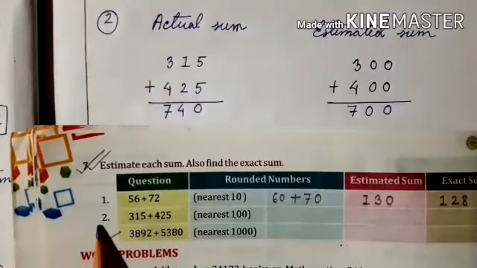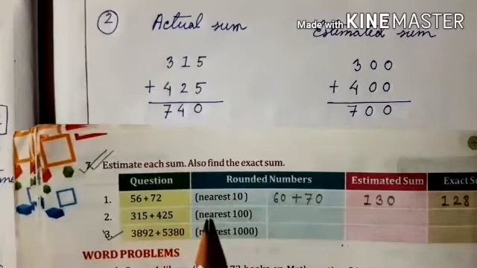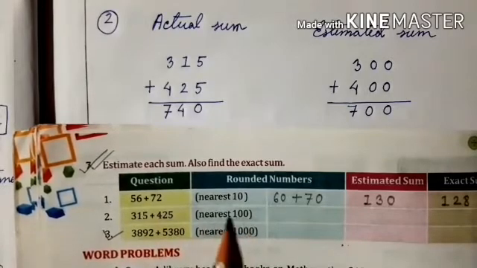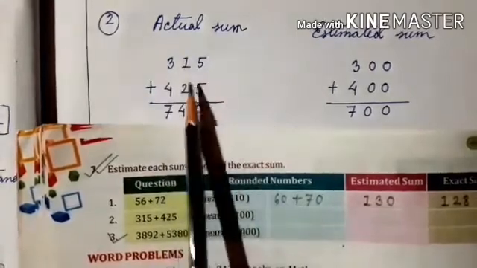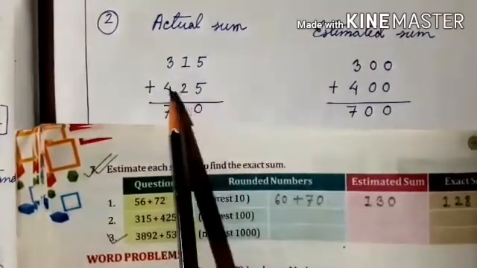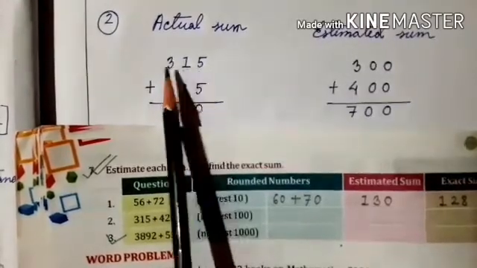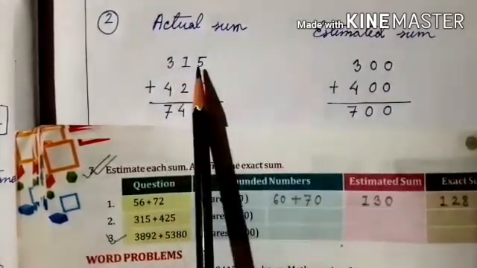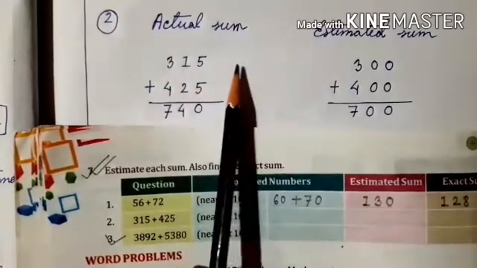Now look at number 2, 315 plus 425. We have to round off to the nearest 100. So our actual sum is 315 plus 425 equals 740. Now we have to round off 315 to the nearest 100.